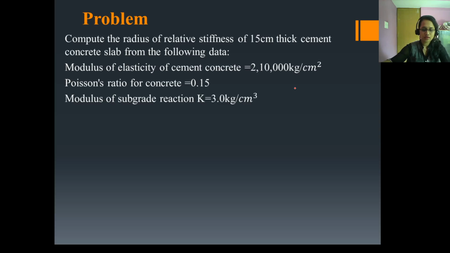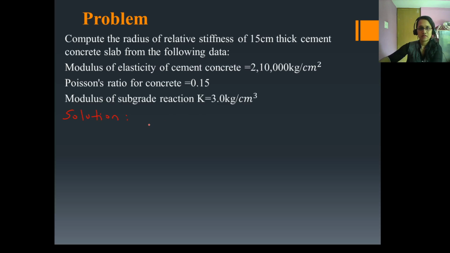We know the formula for radius of relative stiffness as L equals (E H cube upon 12 K (1 minus nu square)) raised to 1 by 4. From the previous slide, we have already seen this formula. So let us see the solution. The K value is given to us.